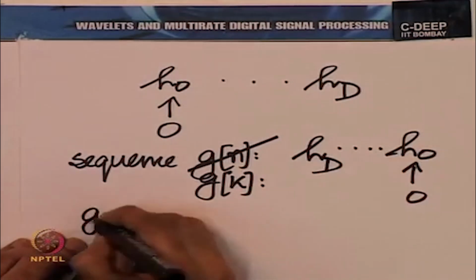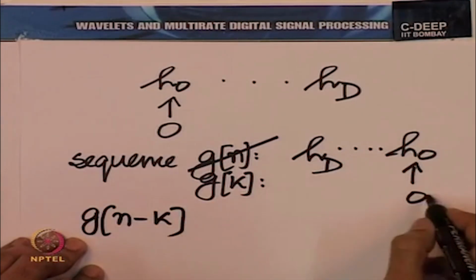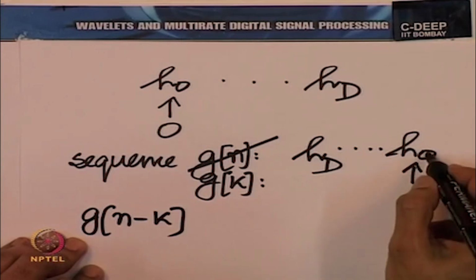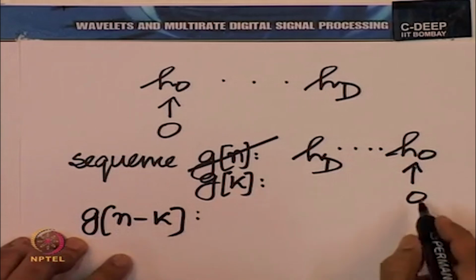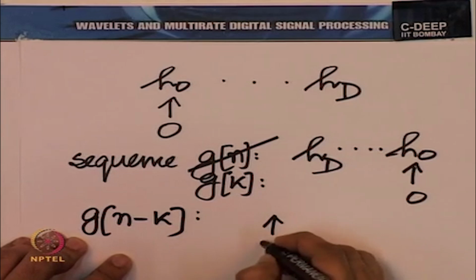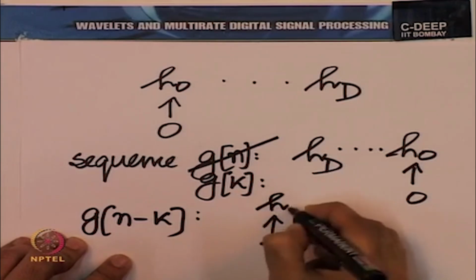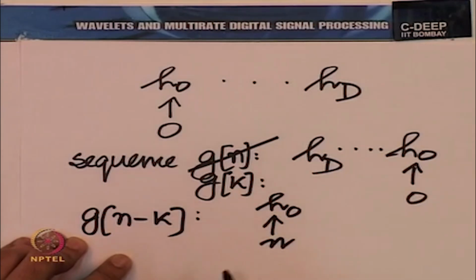In which case the sequence G[n minus k], this is of course a function of k. So, k equal to 0, it is H0 and so on. So, G[n minus k] is going to look like this, the 0 would go to n, and whatever comes before 0 would go after n there.